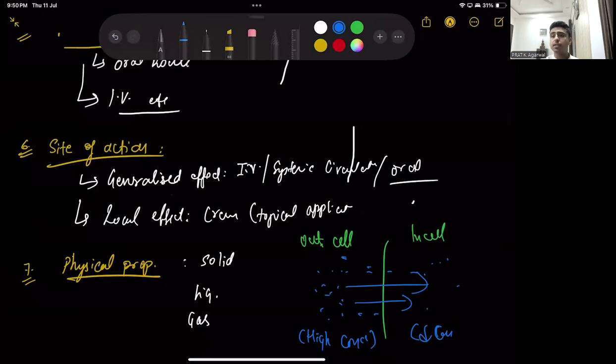So in the gaseous state, the drug gets diffused. So it is more rapid acting because it doesn't have to go through such a long process. And secondly, it is more available because it's not biotransformed, it's not getting disintegrated and all of that. So in such a case, bioavailability increases and time of action decreases.